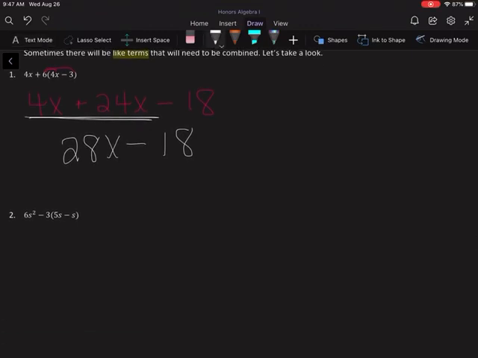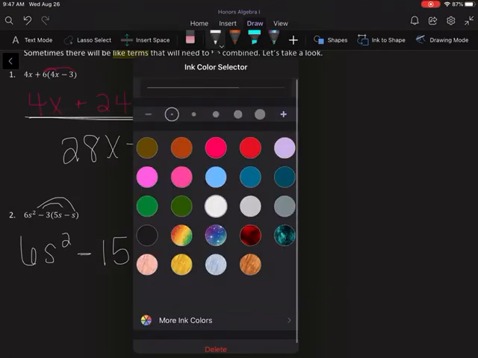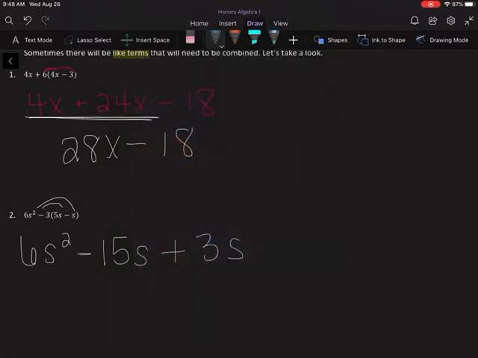All right, so let's try this one. The negative 3 needs to be distributed. So we do 6s squared. Negative 3 times positive 5 is negative 15s. And then negative 3 times negative s is positive 3s, right? So when you distribute a negative, those signs change inside. So what are the like terms here?